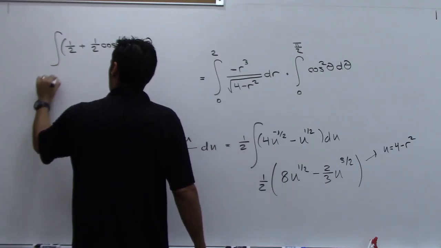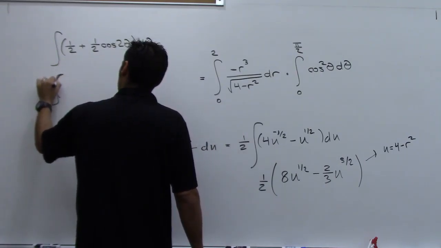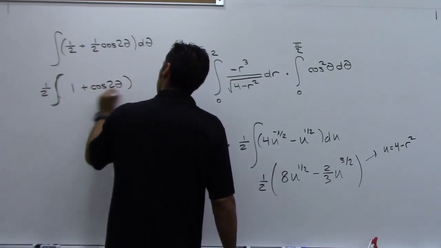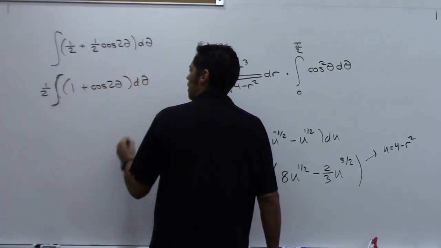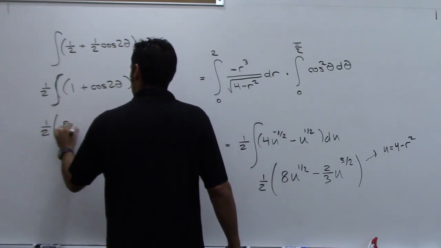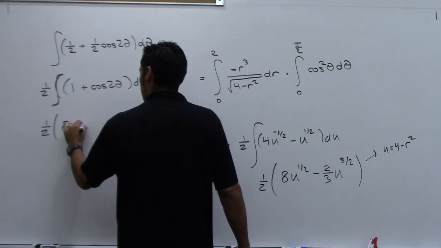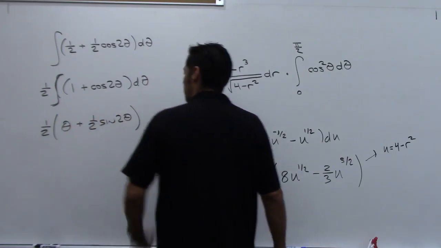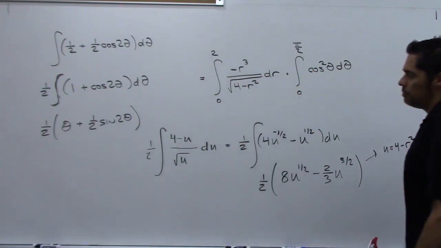And take the 1/2 out and get 1 plus cosine 2 theta d theta, and then antiderivative of this, 1/2 theta, antiderivative of that is plus 1/2 sine 2 theta. All right, so we should be in business here.